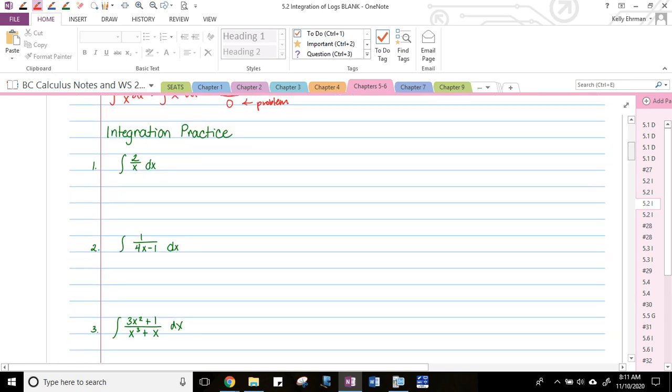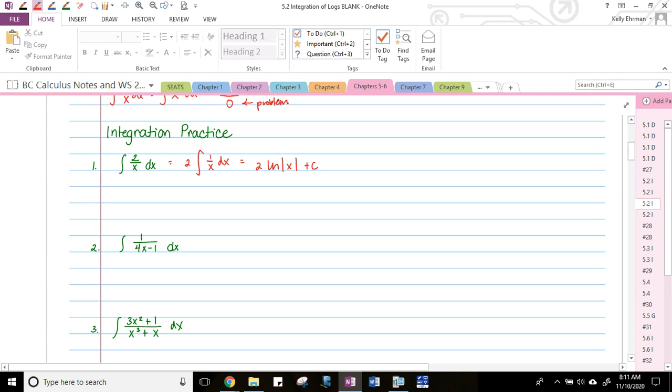All right, so if we just practice this, the integral of 2 over x dx, remember you can pull a constant out in front. And so the integral of 1 over x dx is natural log of x. So this is going to be 2 natural log of the absolute value of x plus c.